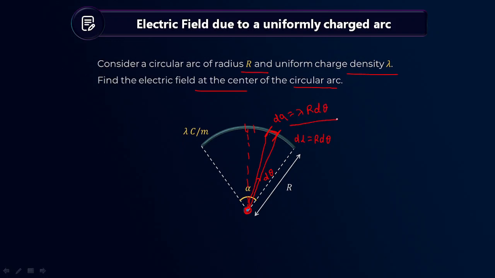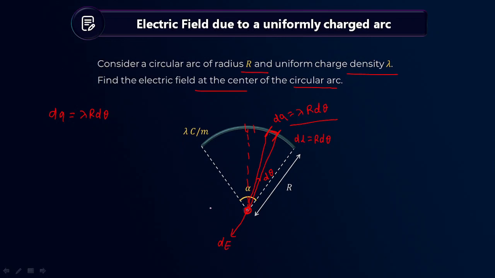This point is important. Once you are able to write a small element's charge, then things are very simple, right? So we have dq equal to lambda r d theta. Now for this element, can I say that the electric field will be in this direction, dE?